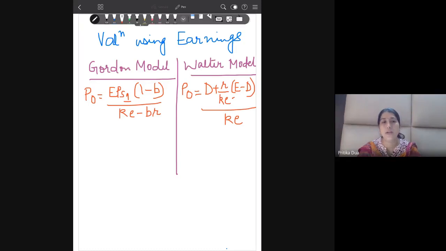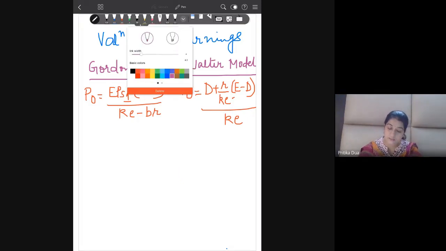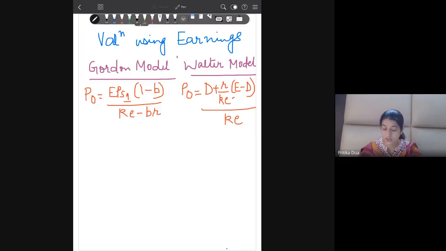Okay, that the dividend decision of the company has an impact on the value of equity share. Under these models, there was a common observation that the companies which are earning well on the reinvested earnings or retained earnings, if your return on investment is more than cost of equity, then that company should retain more and distribute less.